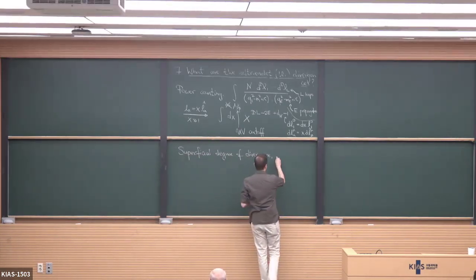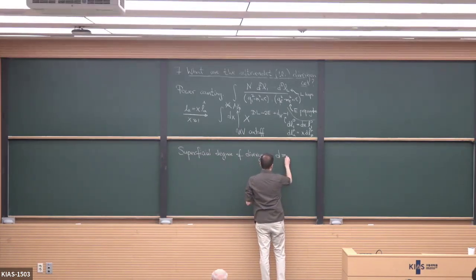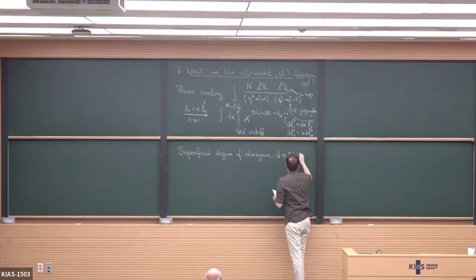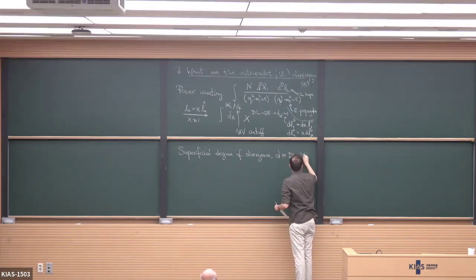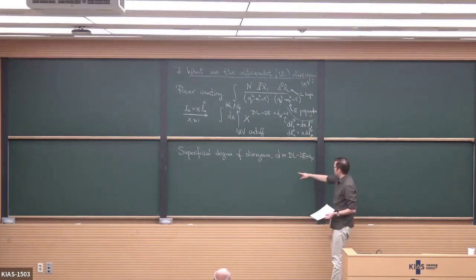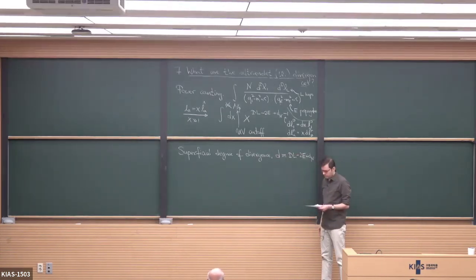Let me call it d, lowercase d, and I'm going to define it as this quantity here, dL minus 2E plus dN.